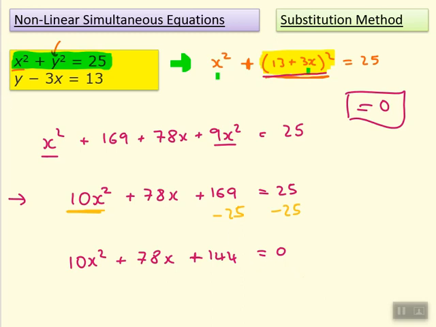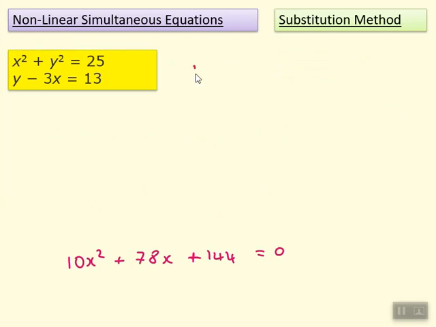Now, let me delete some of this. We need to solve, let me copy that up here. We need to solve this equation. What we'll do is, because all the numbers are even, let's halve it, because we can do that.